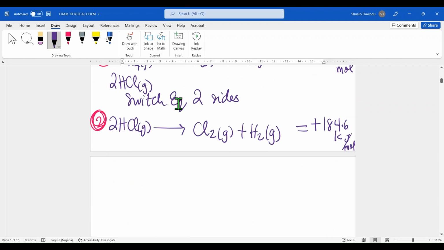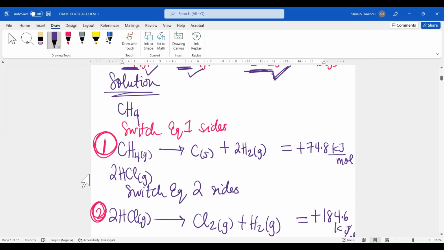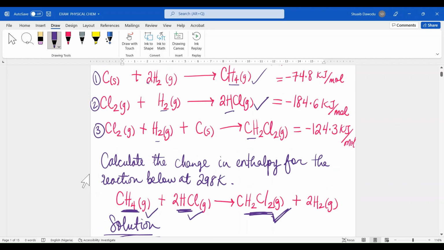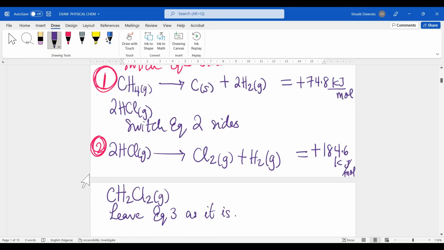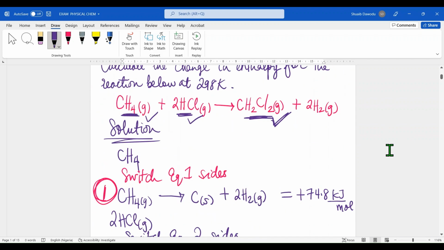So for equation 3, which is simply CH2Cl2 gas, we're going to leave equation 3 as it is. So leaving equation 3 as it is, we're just going to have chlorine gas plus H2 gas plus carbon solid. We're just going to rewrite all of that.